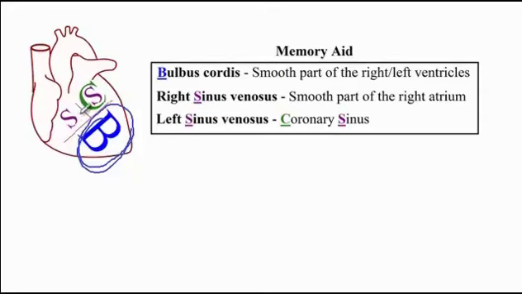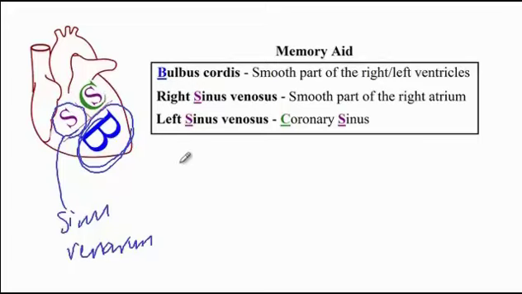So the right sinus venosus gives rise to the smooth portion of the right atrium, which is also called sinus venarum, and it receives blood from the great vessels. And then the left horn, it's like C and an S inside, gives rise to the coronary sinus, which receives blood from the muscles of the heart. And that concludes our discussion.